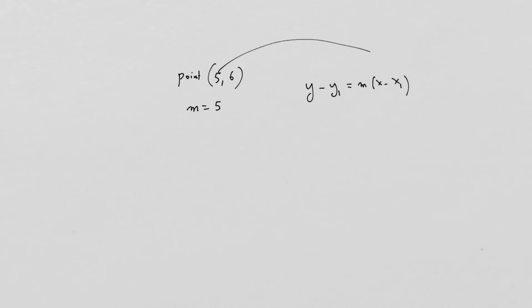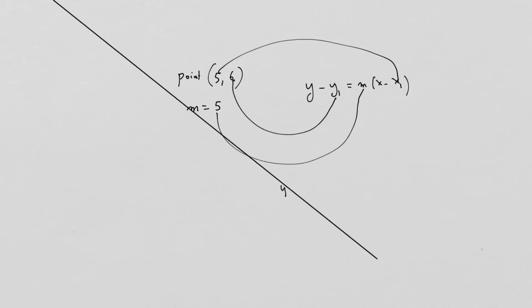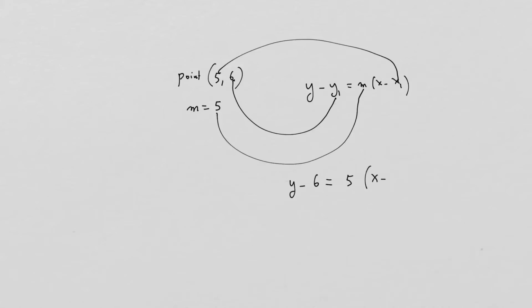Because x1 is just 5, y1 is just 6, and m is 5, and you're done. You can leave it like this. There's no reason why you cannot leave the function written in this form. Okay, this 5 is this, and that 5 is that.